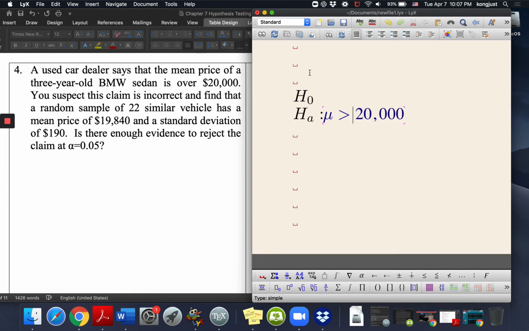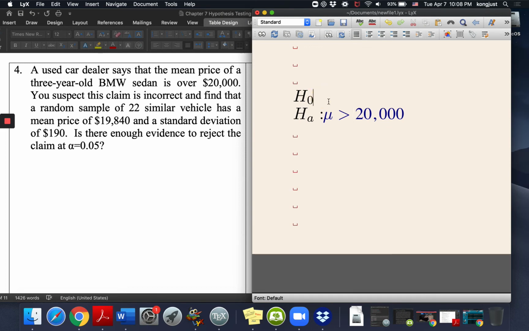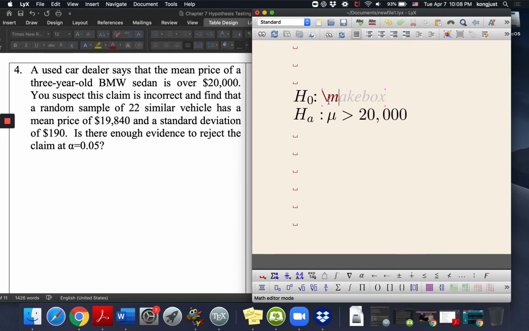They're probably telling you this as the car dealership because they want to charge you a high value, right? So the original H naught hypothesis would be that mu is less than or equal to 20,000. This is what you think.